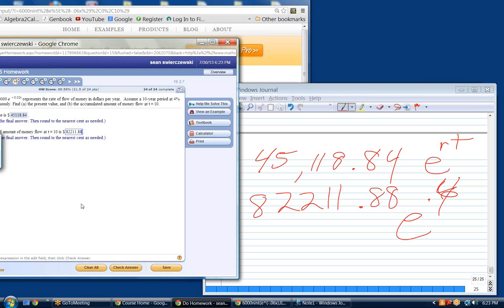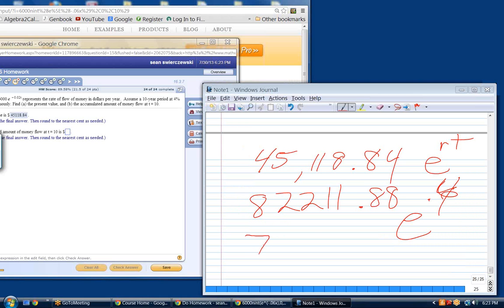That number times e to the 0.4. 67,309.39 rounded. Something's wrong with that. Did you multiply 45,118.84 times e to the 0.4? Yep.